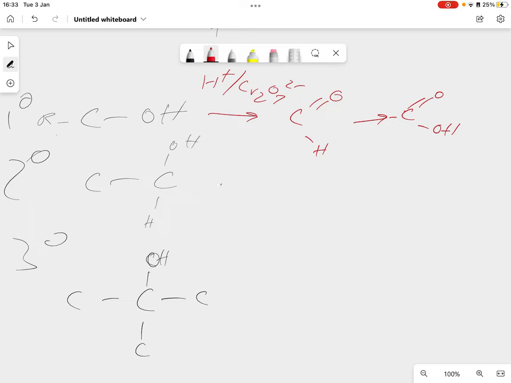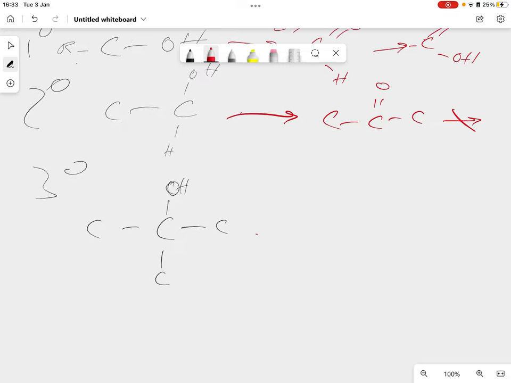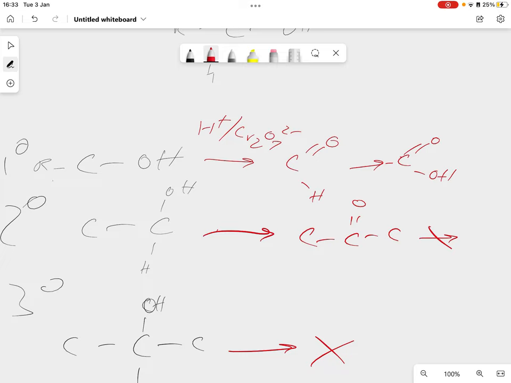And then we know that a secondary alcohol will also undergo it, and it will form a ketone, and no further reaction will occur. And our tertiary alcohol is too stable, so we'll have no reaction with acidified dichromate. So that's our basics, Unit 2.